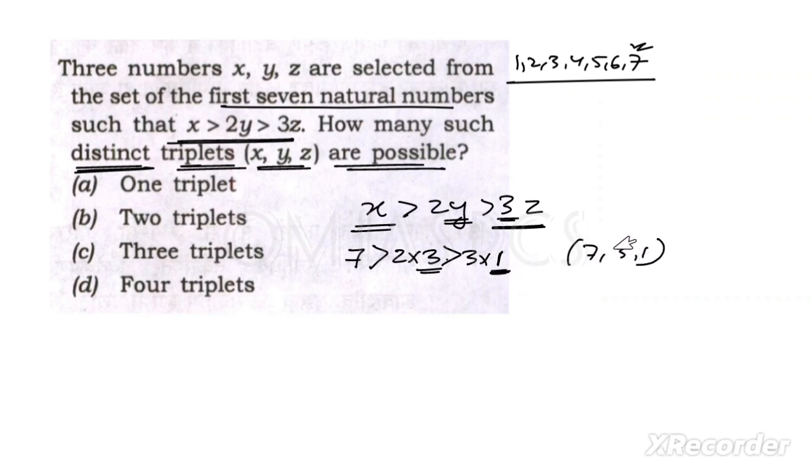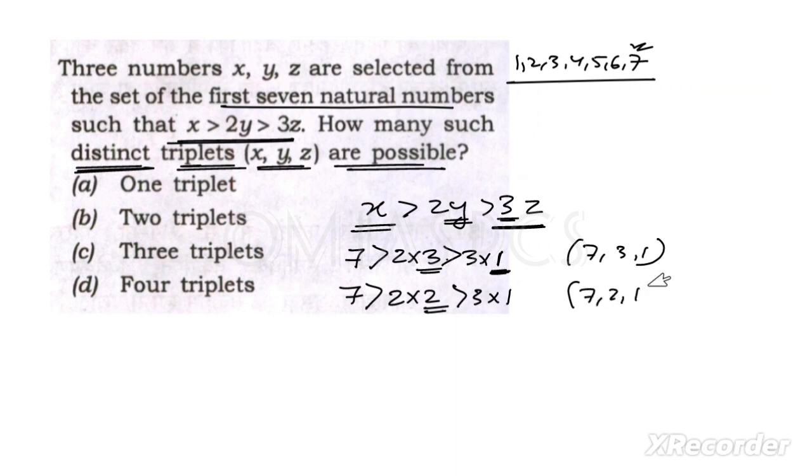This is one possibility. Second possibility: 7, and the next one after 6. What can be a possible value? After 6, can we write 2 multiplied by 2? That will be 4, and here 3 multiplied by 1, like 7, 2 and 1.